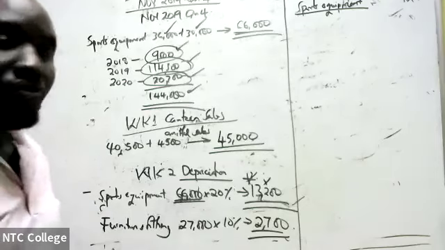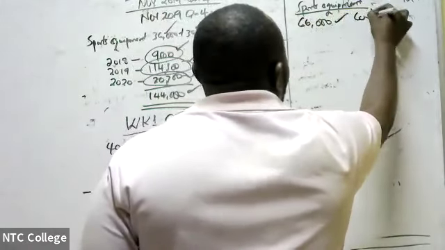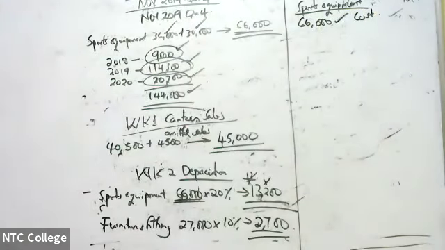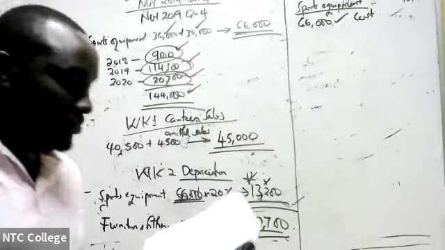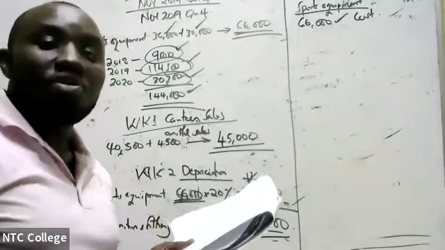So hii tunarudia. So we say sports equipment, total cost is 66. Tuko pamoja. Yes. So we are saying during the year ended 30th June 2019, sports equipment was disposed for 9,000 on credit.